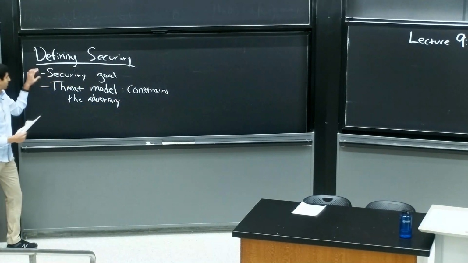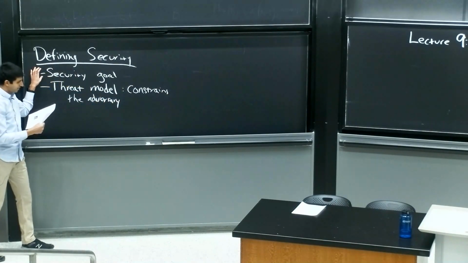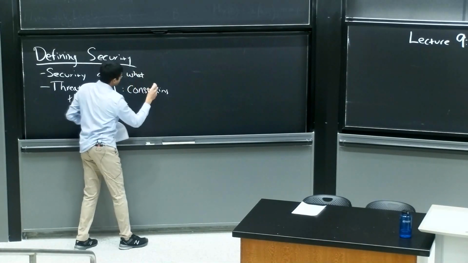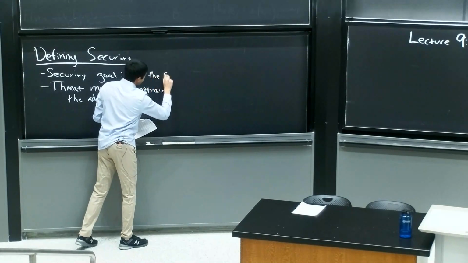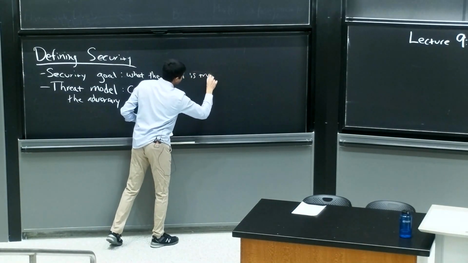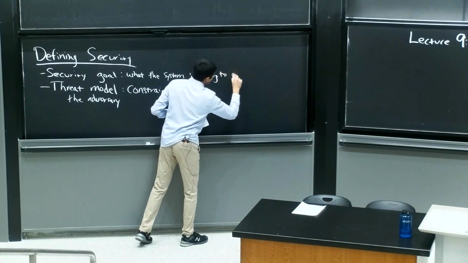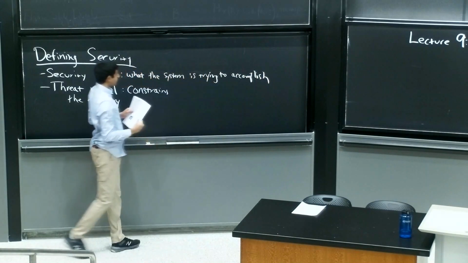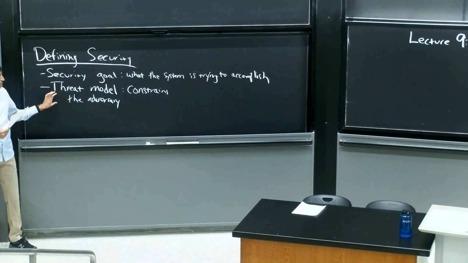So security goals are what the system is trying to accomplish. And then the threat model constrains the adversary.